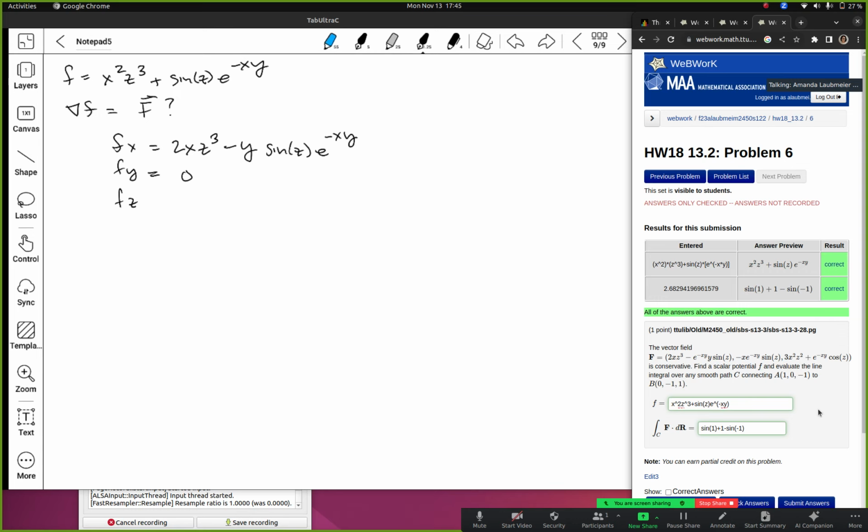And then the second term, sine z, stays there because it's a constant as far as y is concerned. E to the minus xy stays there because it's an exponential, it's unchanged, except that we have to multiply by the rate inside. That's that minus x. So we're just going to get minus x sine z e to the minus xy.